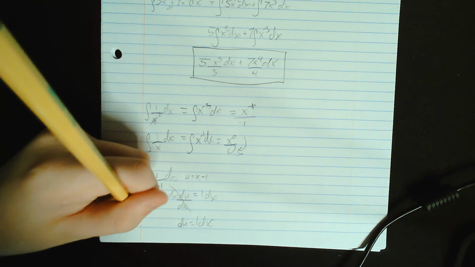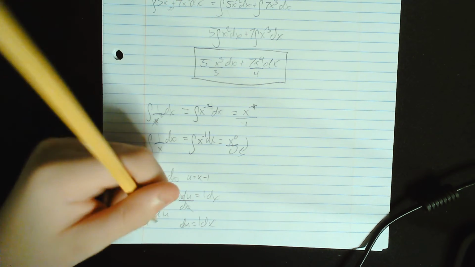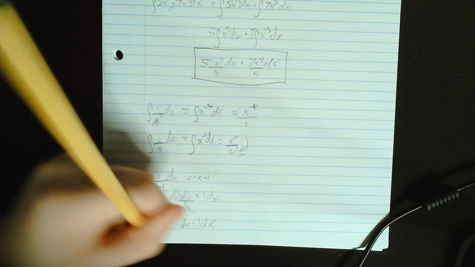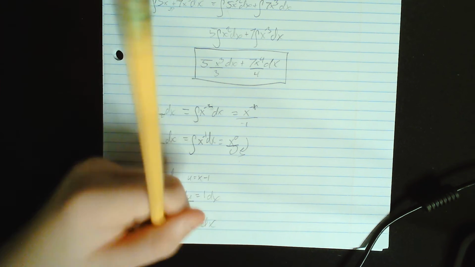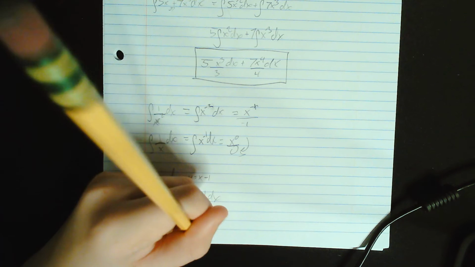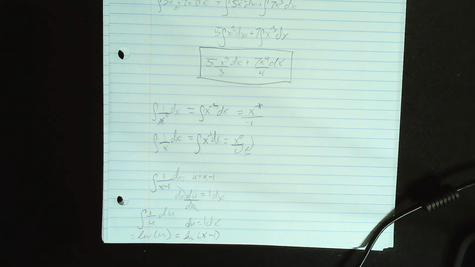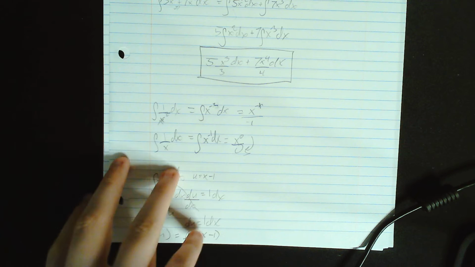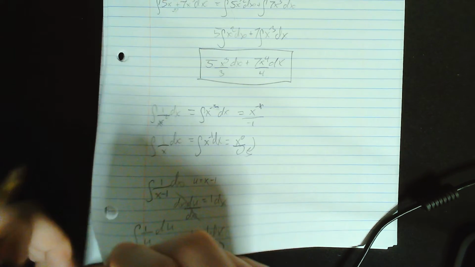So that makes it the integral of 1 over u du, which turns out to be the natural log of u, which is the natural log of x minus 1.